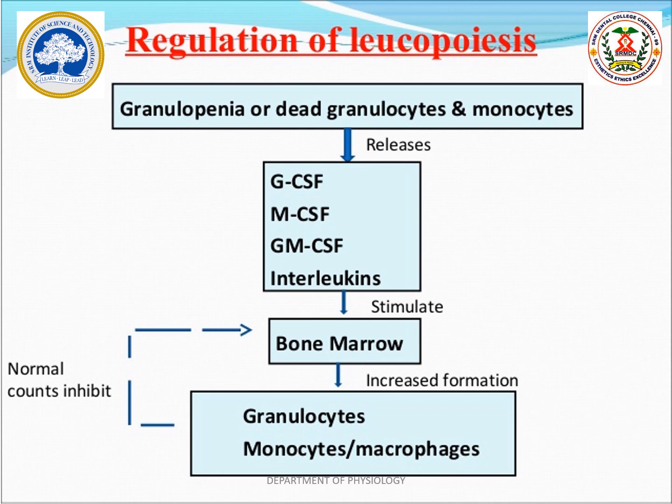So this is the regulation of leukopoiesis. When the WBC count is reduced, the bone marrow is stimulated so that it produces granulocytes and monocytes. When the count has increased, inhibitors are created so that they stop the production of granulocytes.